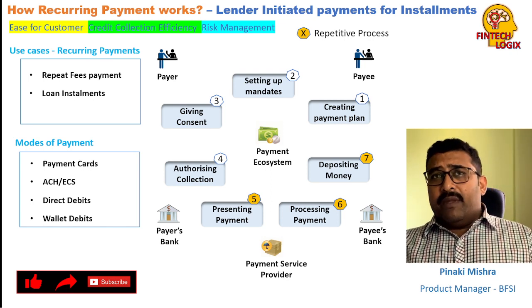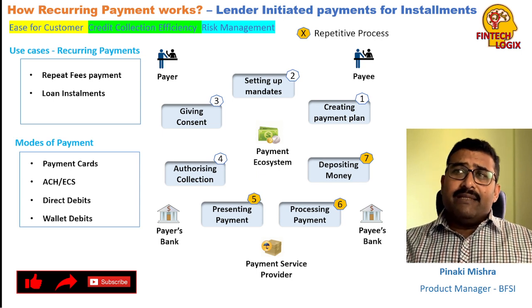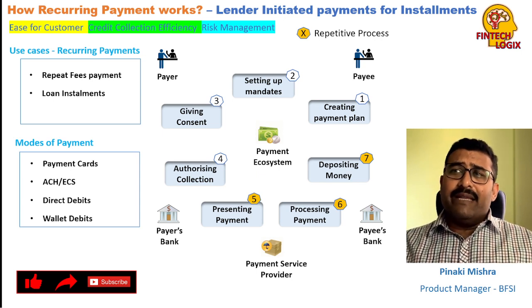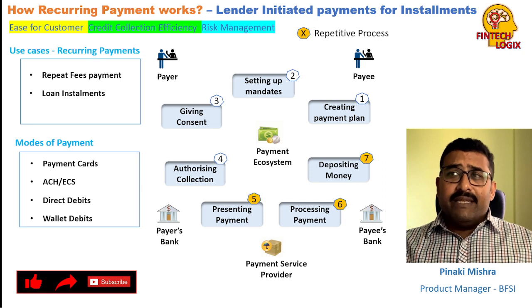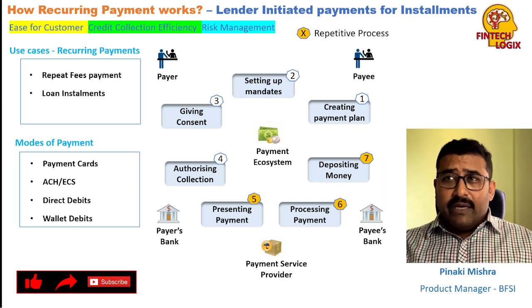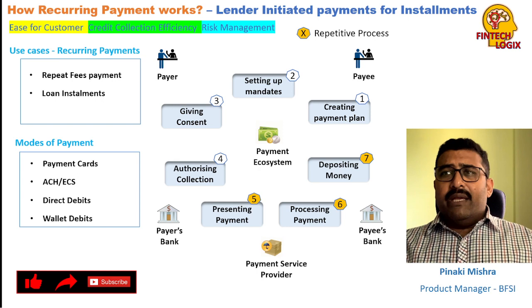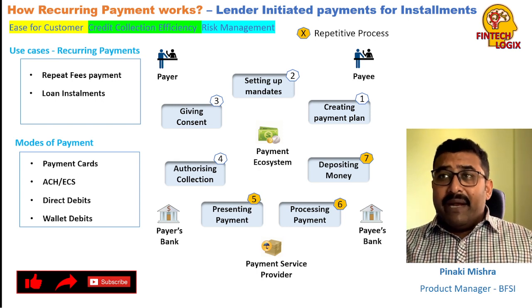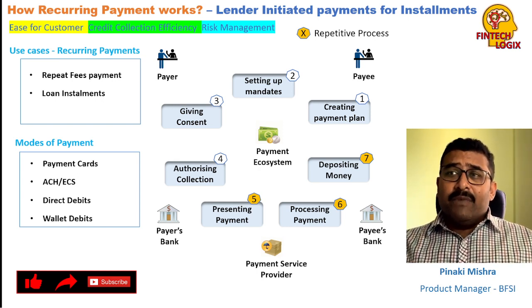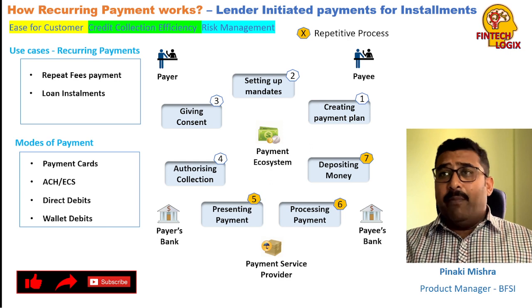Now, we have to understand that we do some registration for these recurring payments, and then for the rest of the process we don't need to be bothered. It is automatically taken care of by the system. As step number one, we create a payment plan. Normally this is derived from your amortization table.